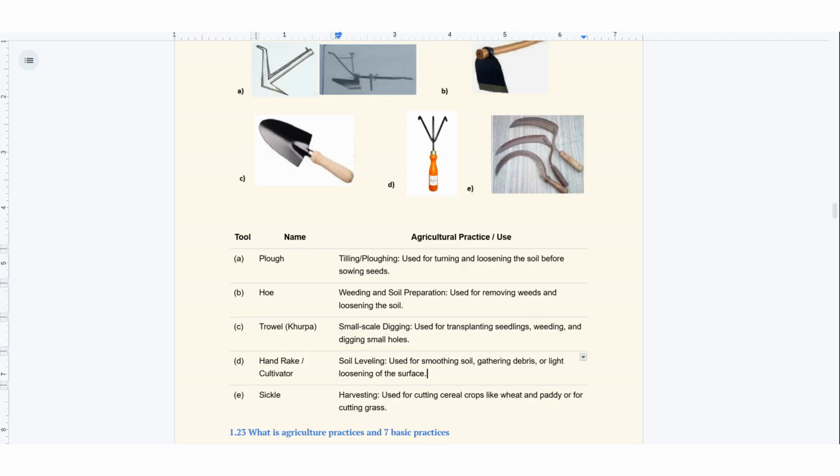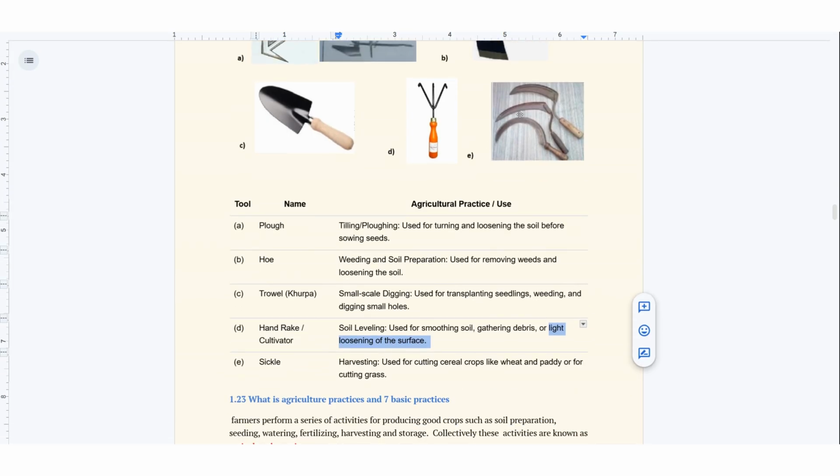That is why it is light loosening of the surface. Words to remember: smoothing soil, gathering debris. Debris is like stones, concrete on the soil, hard soil. You can even just scratch the soil and collect it, and then a light loosening of the surface.